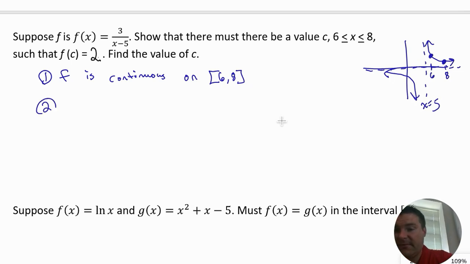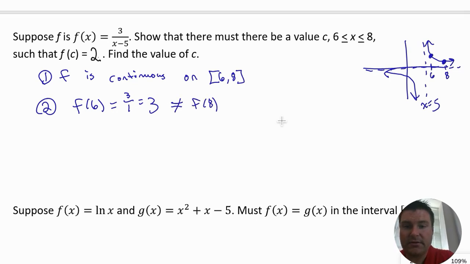It's important to note that f of 6, if I plug in a 6, I'm going to get 3 over 1, which is 3, does not equal f of 8, which is 3 over 8 minus 5, which is 3 over 3, which is 1.